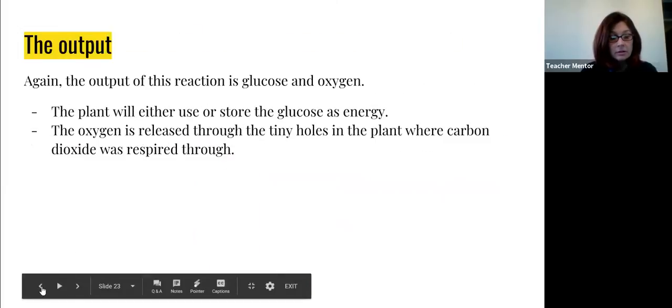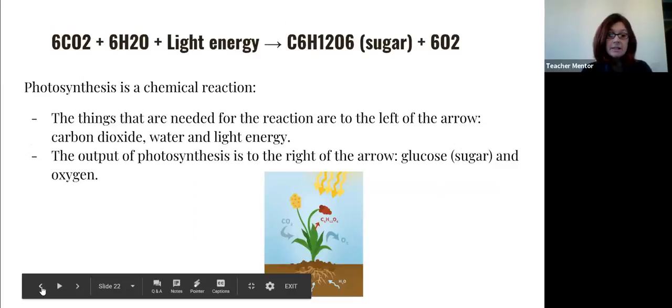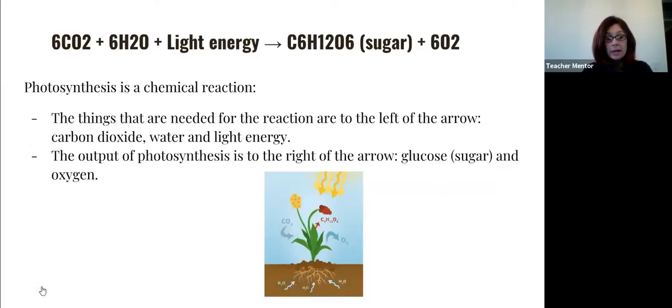Here again is the equation, and it does look pretty overwhelming. However, once you start breaking it down, it's pretty simple. So in review, the things that are needed for the reaction are to the left of the arrow. We have the carbon dioxide, water, and light energy. That's going to be represented in the equation by 6 CO2 plus 6 H2O plus light energy.